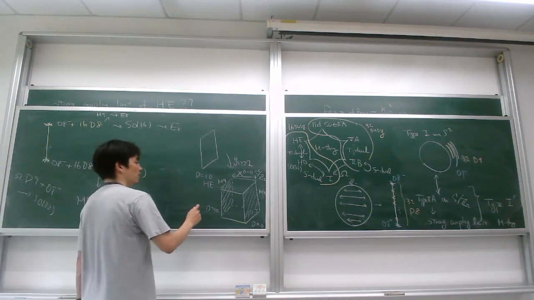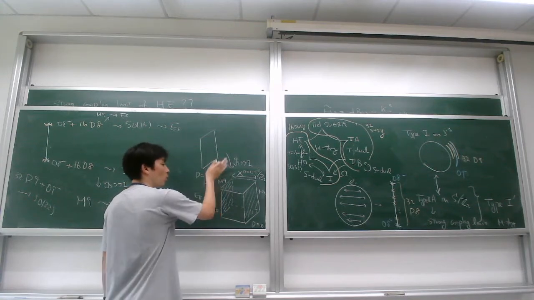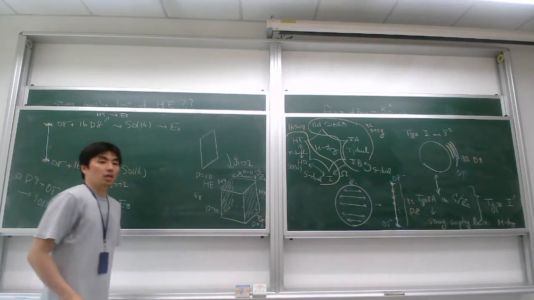And then magically you have the E8 gauge group on one side. On the other side, you have another E8 gauge group.